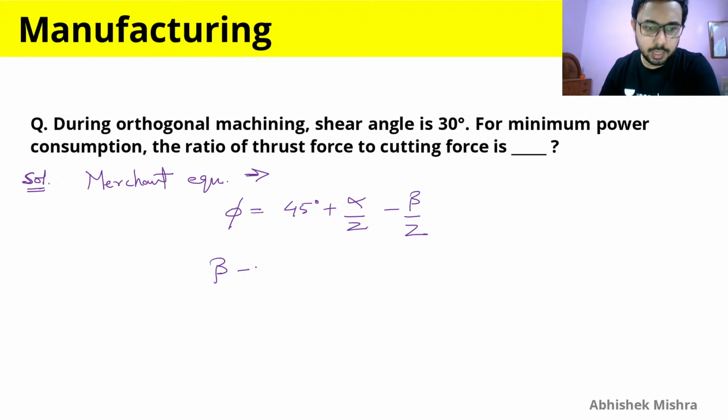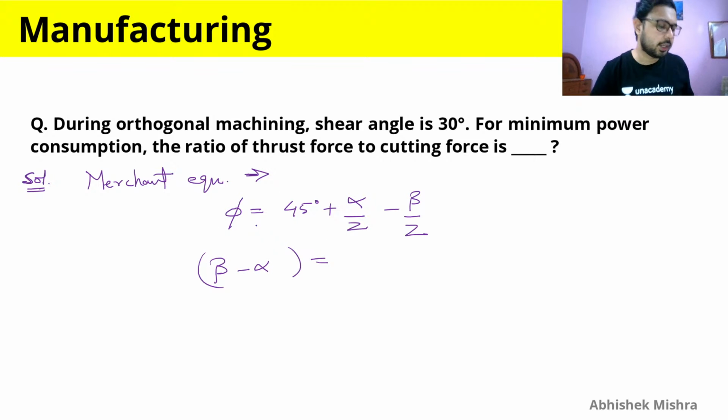From here, phi is given as 30 degrees, the shear angle in the question is 30 degrees, so beta minus alpha is coming out as 30 degrees.